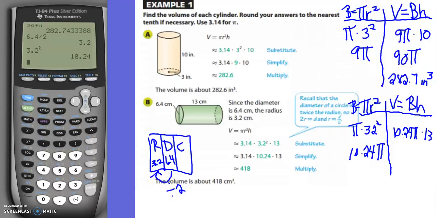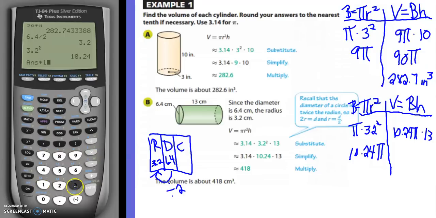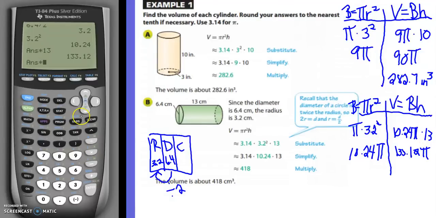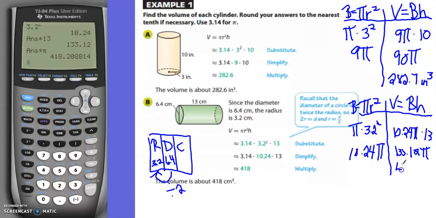So we're going to do 10.24 times 13. We get 133.12 pi times pi. We have 418.2. And remember, this is volume, so it's cubic units, so centimeters cubed.